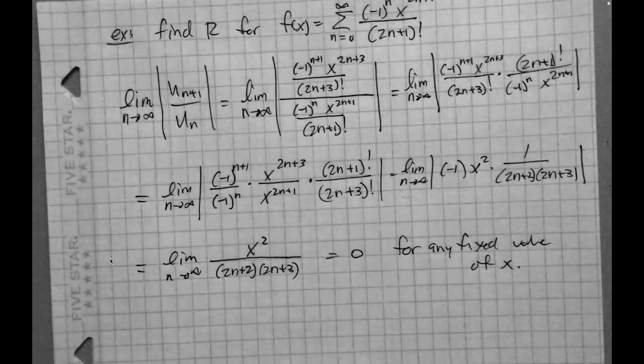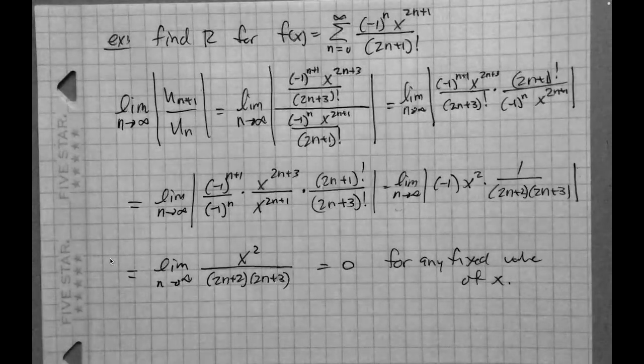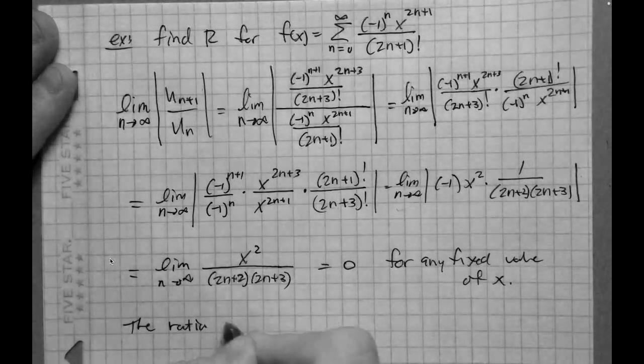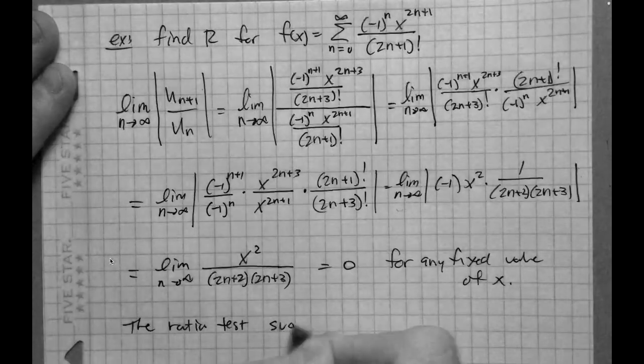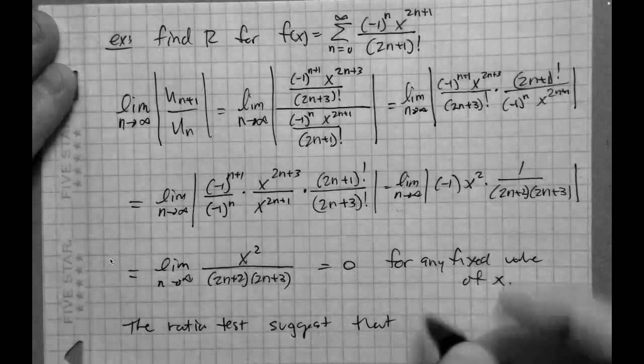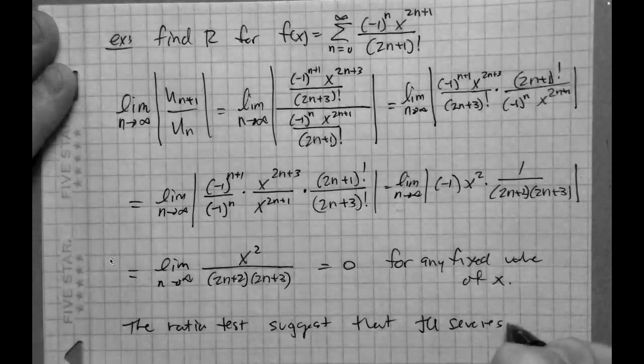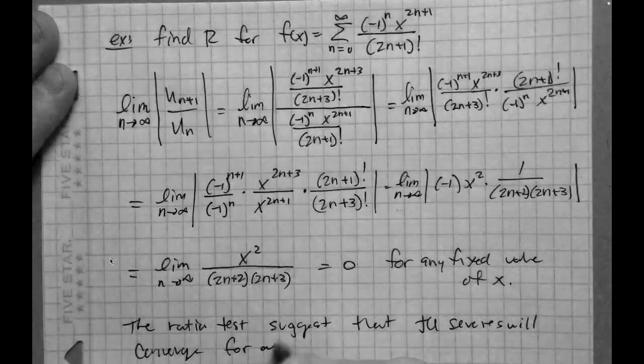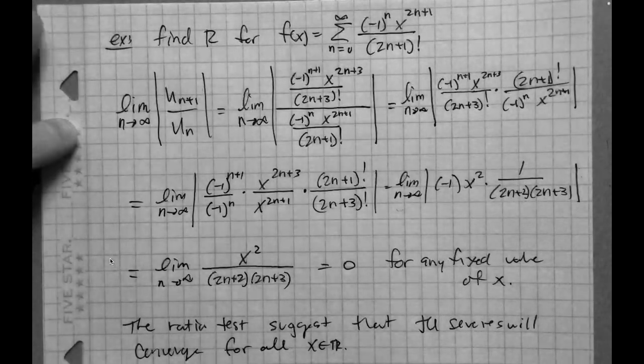So by the ratio test, what can we conclude? Well, we conclude that the value of x really doesn't matter at all, actually, right? And the series is going to converge for all x. So the ratio test would suggest that the series will converge for all x in R, for all real numbers.